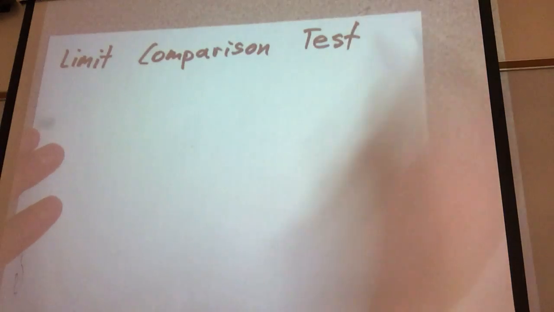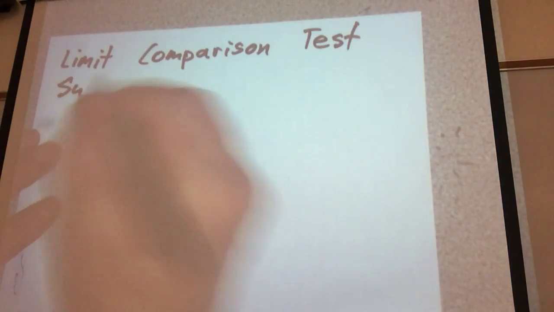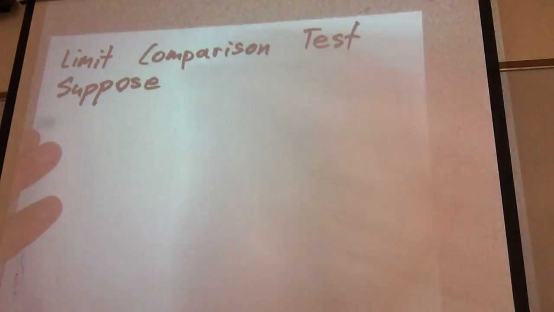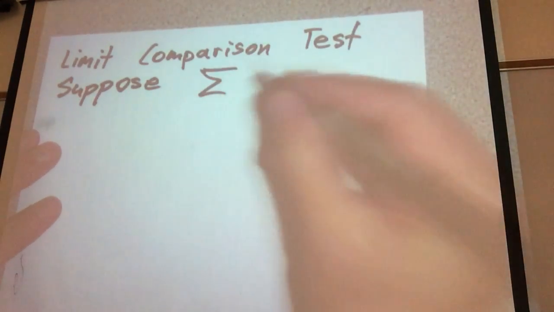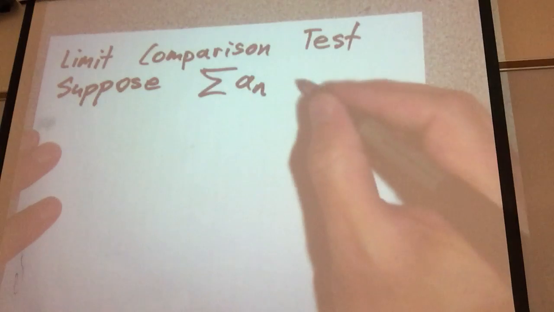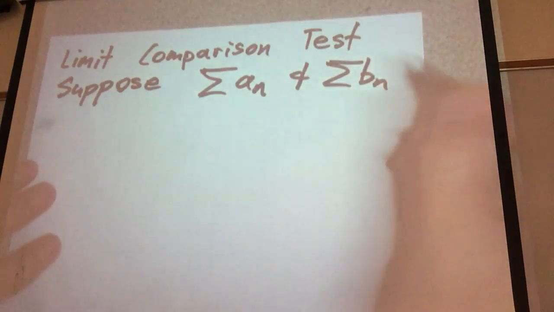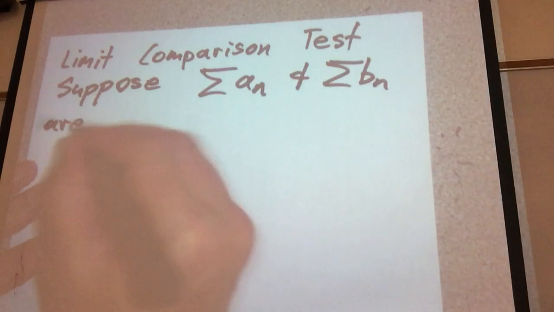So the limit comparison test starts off with the same type of idea. Suppose that we have two infinite series, the sum of a sub n and the sum of b sub n, are series with positive terms.